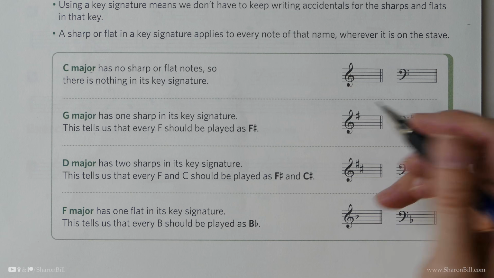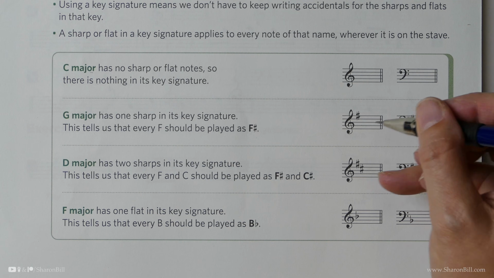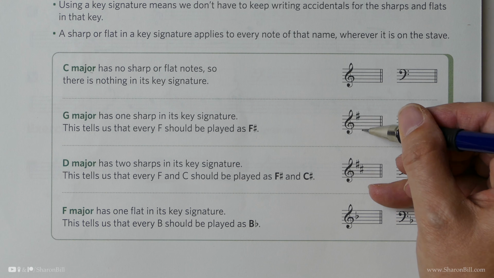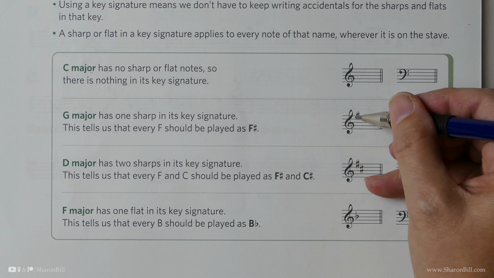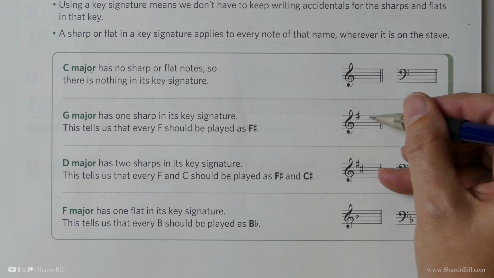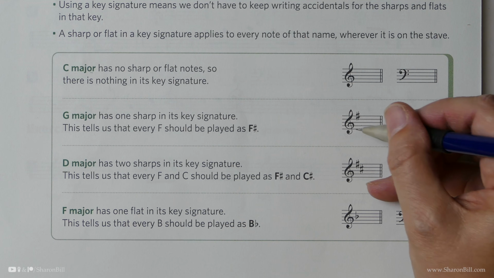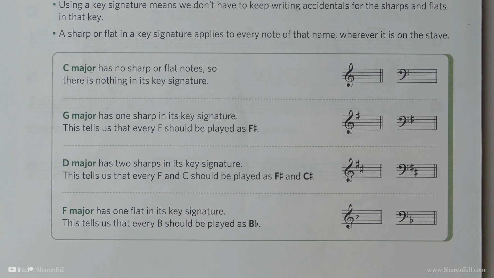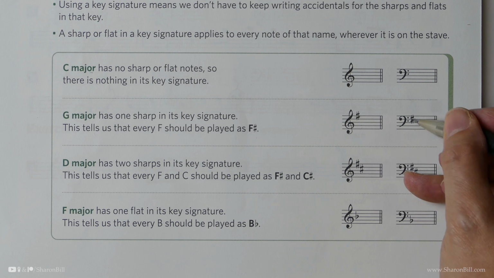And it's worth remembering that these sharp signs, these key signatures, are always placed in exactly the same place. It's never written as this low F down here. It's always written in exactly the same place. And so you get used to recognising these key signatures at a quick glance. And so for D major, the F sharp is in exactly the same place.